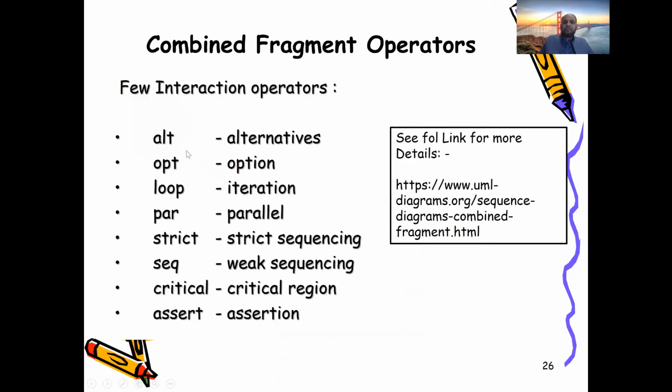These are various types of combined fragments: alternatives, options, loop, parallel, strict sequencing, sequence, weak sequencing, critical region, assert, manipulation. So this is a link.